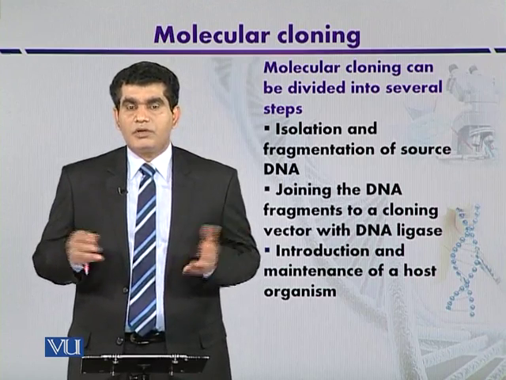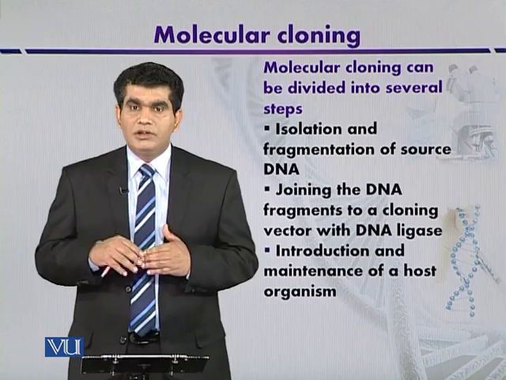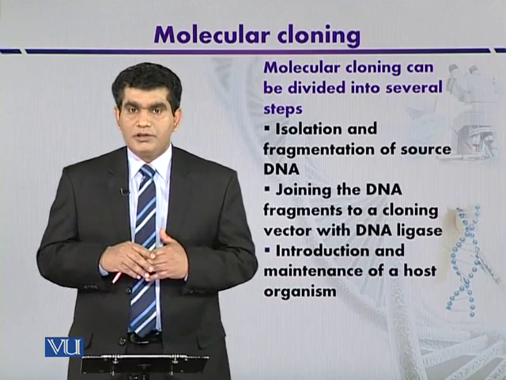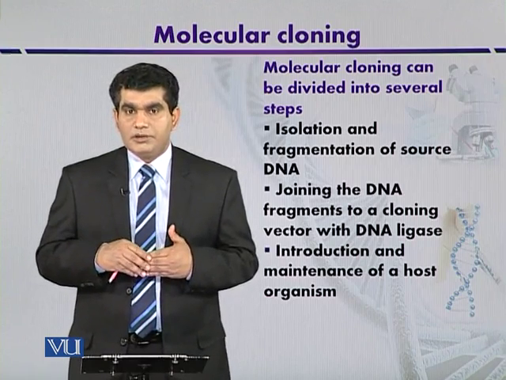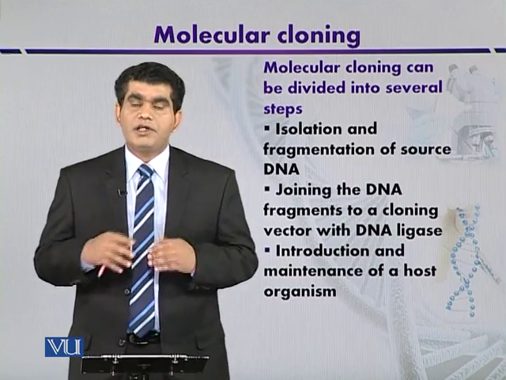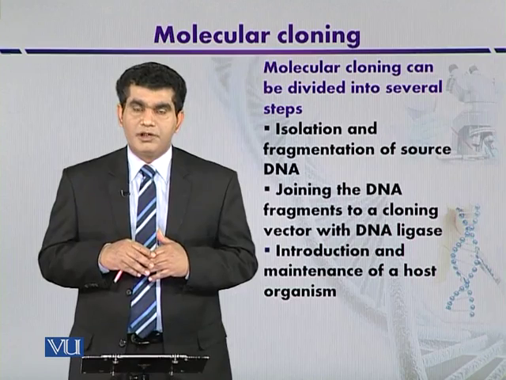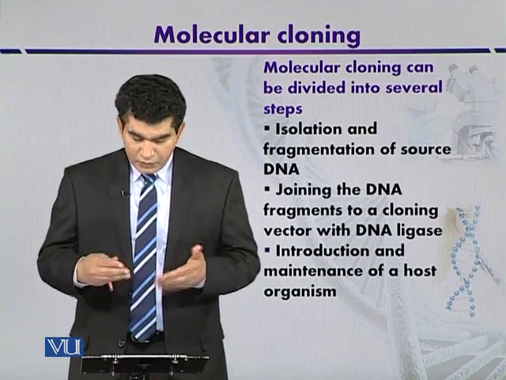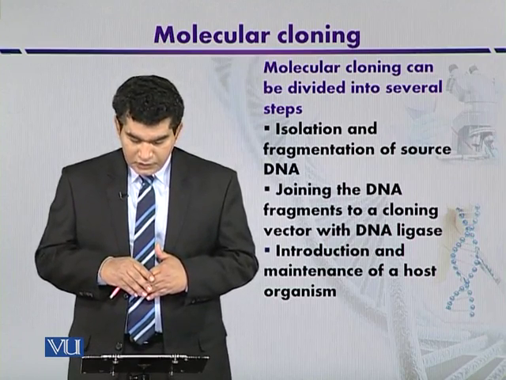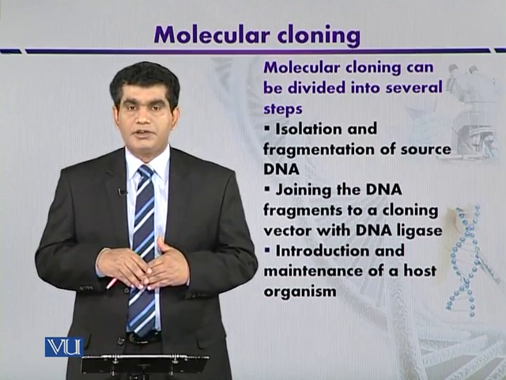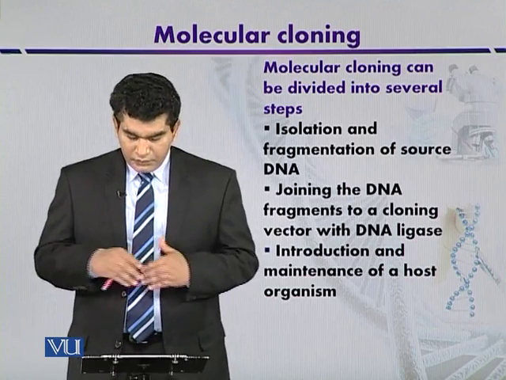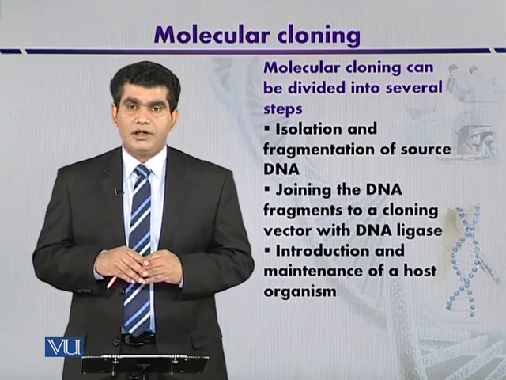Now, what is a cloning vector? A cloning vector is a genetic element that has the ability to replicate independently because of its own origin of replication. So, we can go to the next step, that is joining the DNA fragments to a cloning vector with DNA ligase.